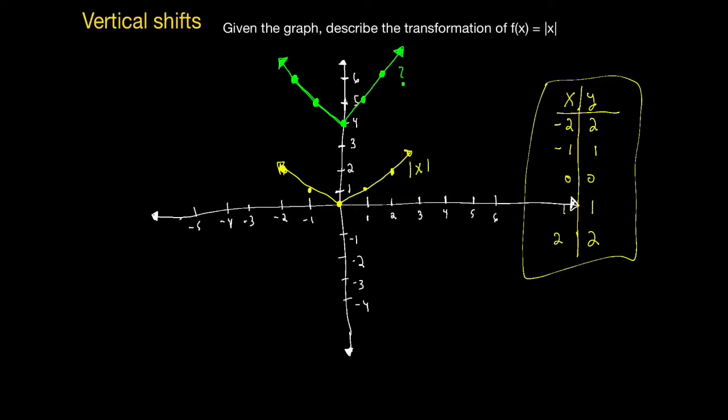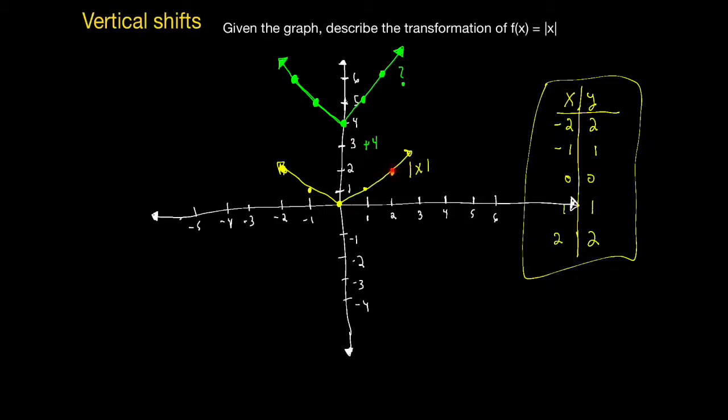So let's count how many units it went up vertically. Let's do an easy point and start at the origin. We can see we go 1, 2, 3, 4. So we went plus 4. And you can see that this happens from every point.